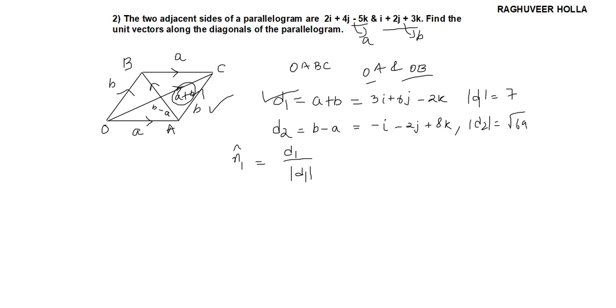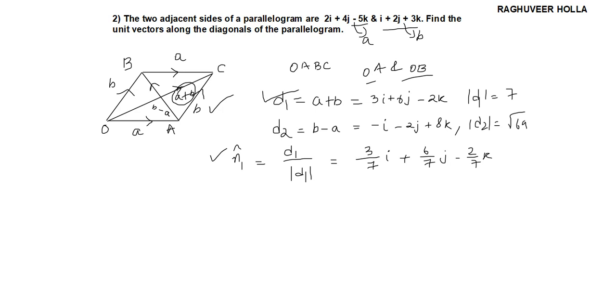So the unit vector along d1 would be 3 by 7 i plus 6 by 7 j minus 2 by 7 k. So this is what I get.